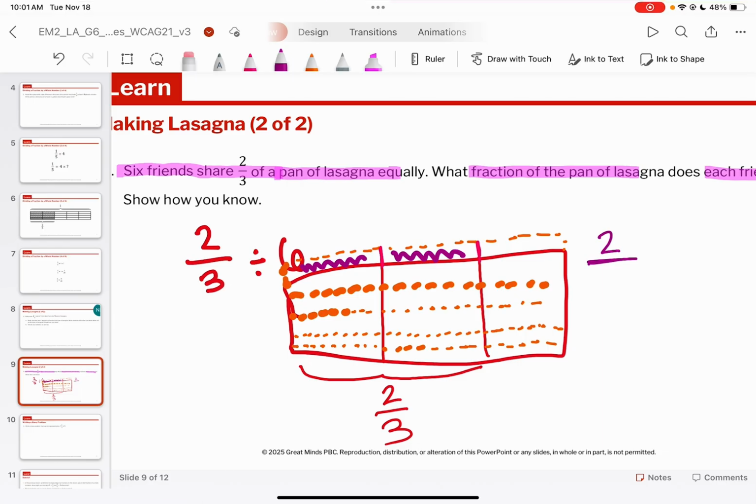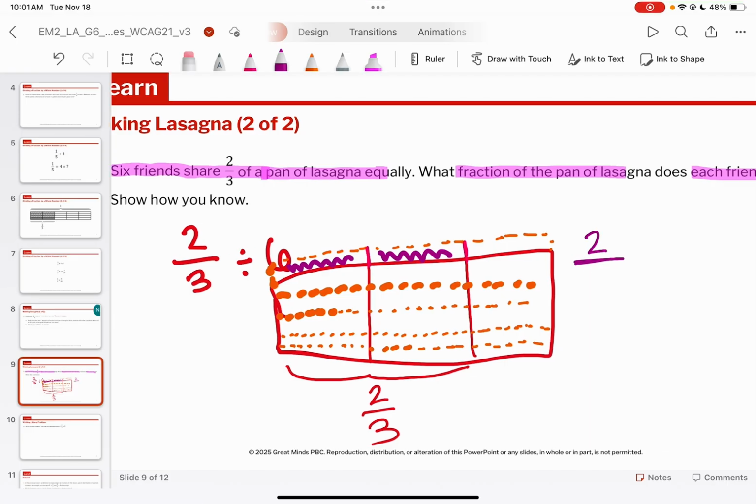Count your boxes. You have to count all your boxes, your total. It's 18. You have 2 out of 18 boxes. Think about this. I take 3, I split it into 6 groups each. 3 times 6 is 18.